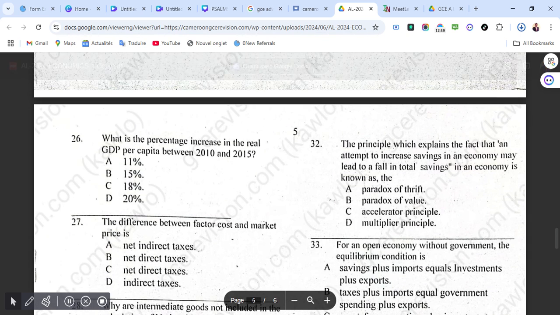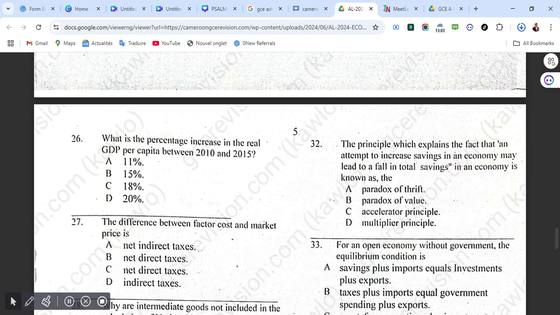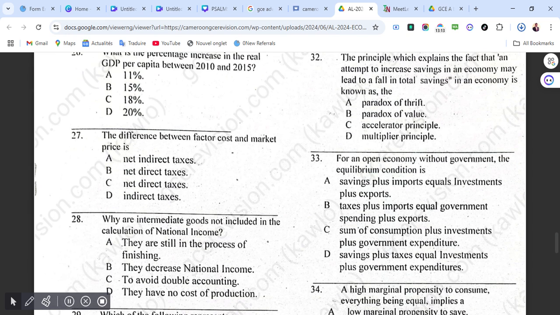32 says that the principle which explains the fact that an attempt to increase savings in an economy may lead to a fall in total savings in an economy is known as, the correct answer is A, paradox of thrift.